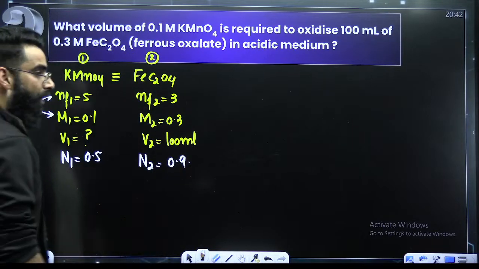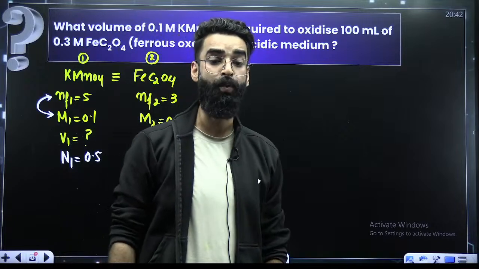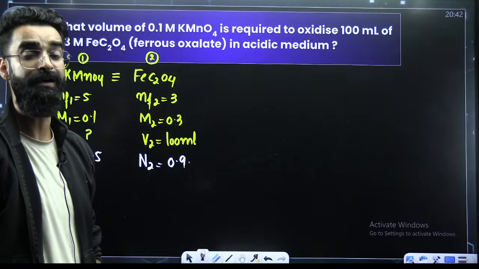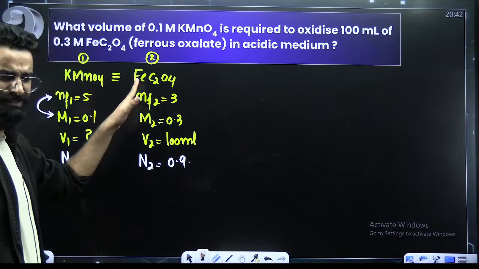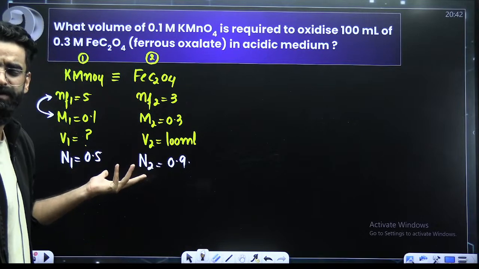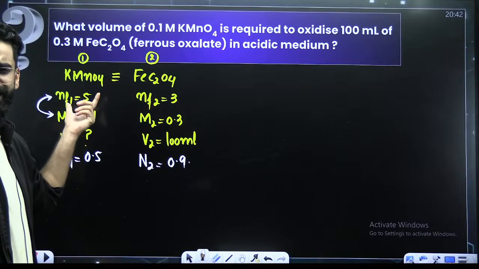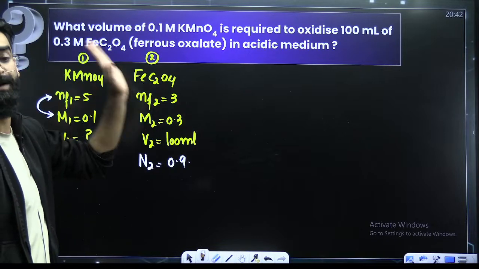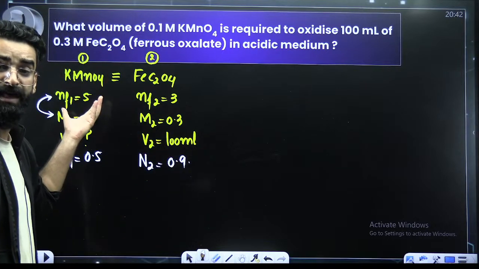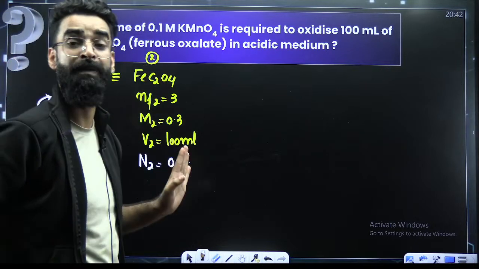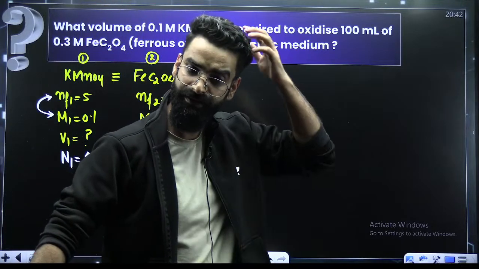Now, I will be using the equivalent concept. Since these two are going to react, as per the equivalent concept, gram equivalence of KMnO4 reacted has to be equal to gram equivalence of ferrous oxalate reacted. Or milli equivalence of KMnO4 reacted has to be equal to milli equivalence of ferrous oxalate reacted.